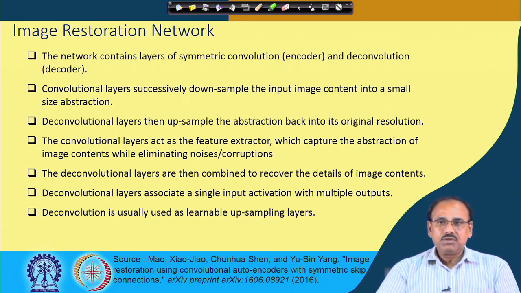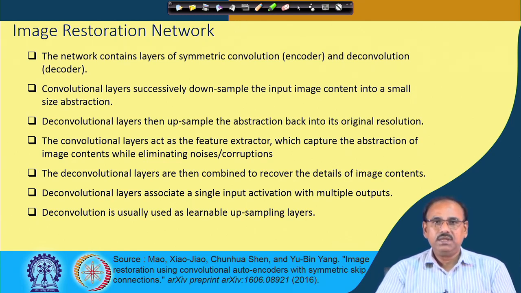Now, what do these convolution layers and deconvolution layers actually do? In this particular case, the convolution and deconvolution parts have mirror symmetry. The number of convolution layers and the number of deconvolution layers are the same. The way the size is reduced on the convolution side, just in the inverse way the size is increased on the deconvolution side. As we have seen before, when you perform a convolution operation, the convolution operator tries to extract some abstract information or features of the input image.